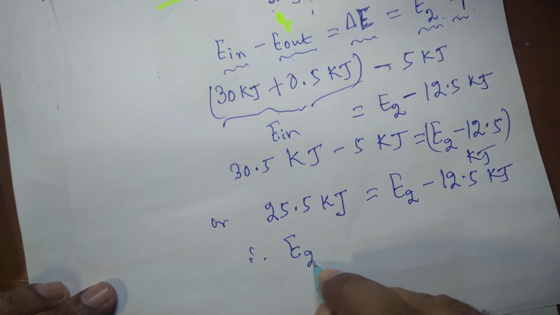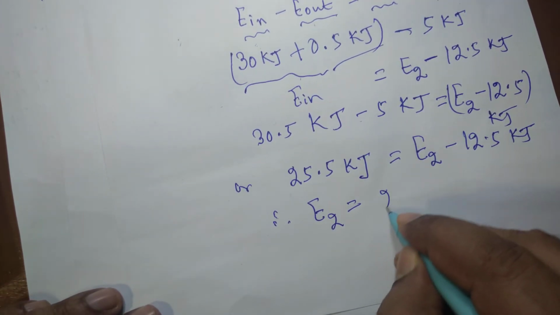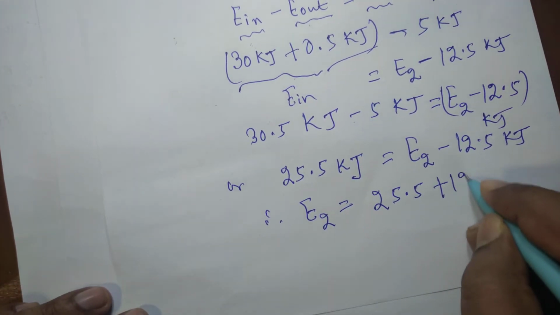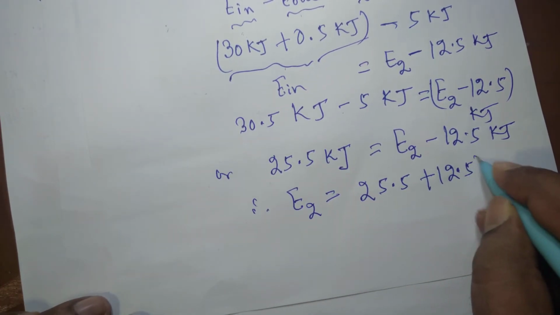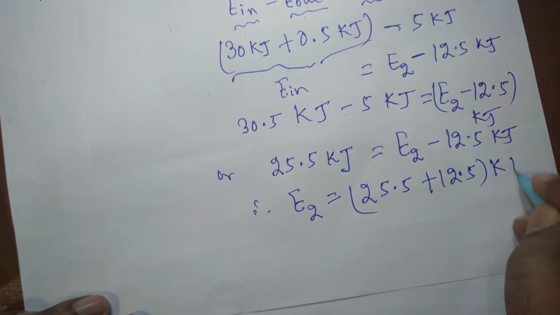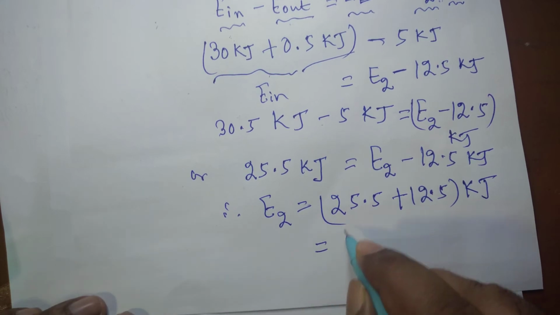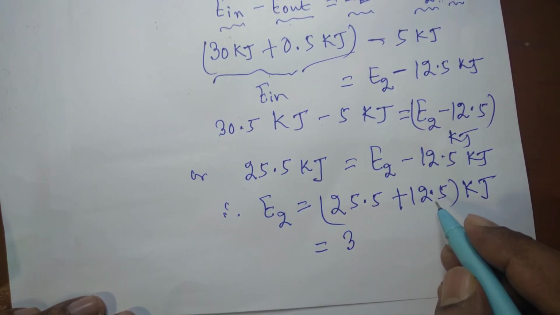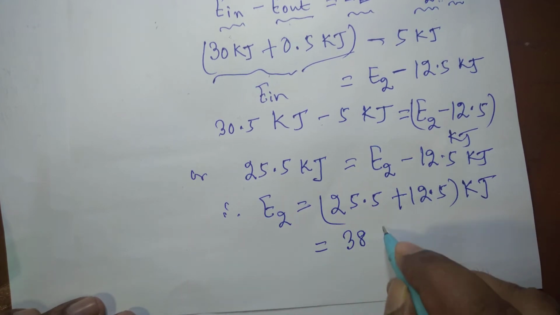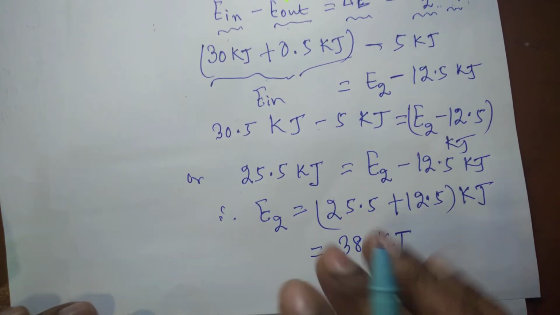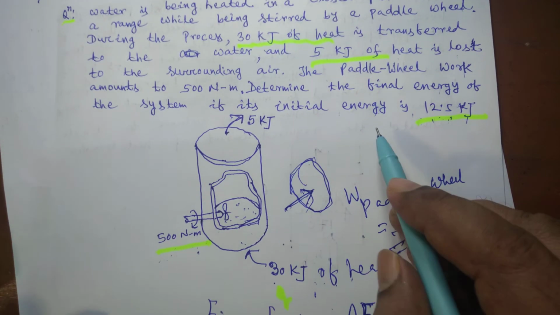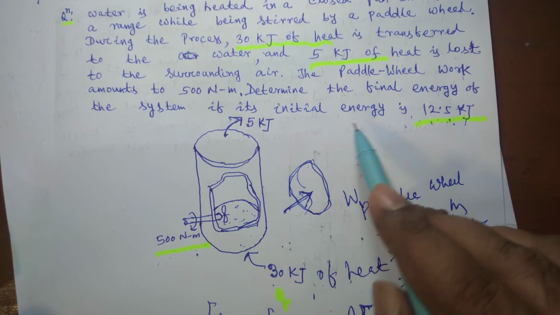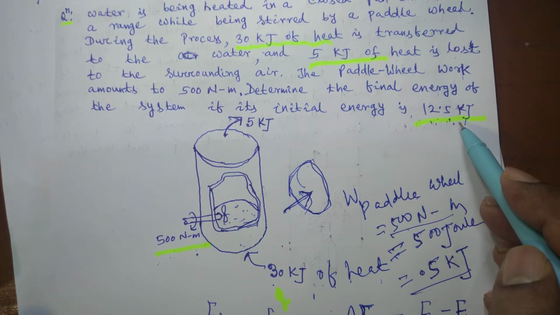E2 will be 25.5 plus 12.5 kilojoule, that is equal to 38 kilojoule. So the energy of the system or energy of water will be 38 kilojoule if its initial energy is 12.5 kilojoule.